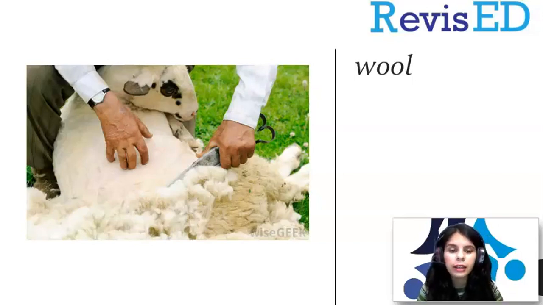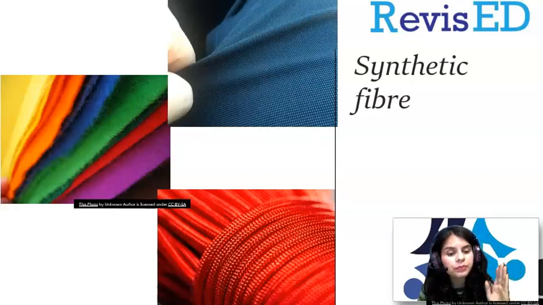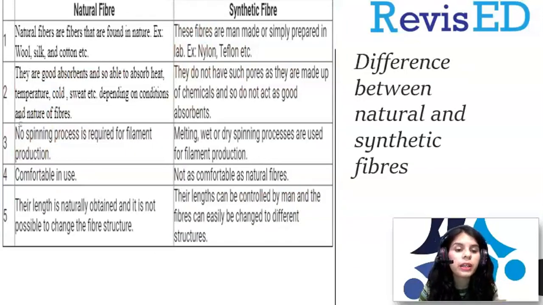Now we have synthetic fibers. For thousands of years, we have been using natural fibers. Synthetic fibers are basically human-made, chemically made fibers. Now let us see the difference between synthetic fibers and natural fibers. Natural fibers are fibers that are found in nature, for example wool, silk, and cotton.